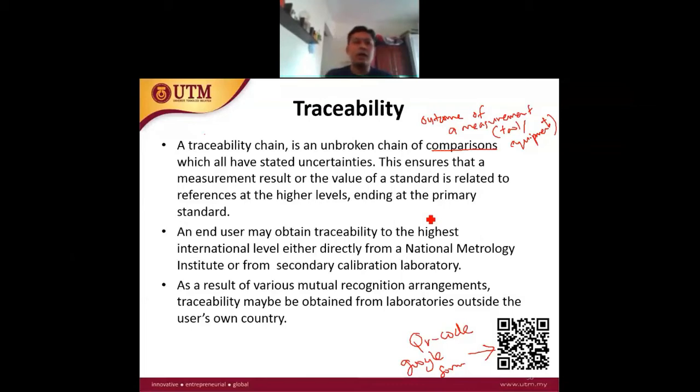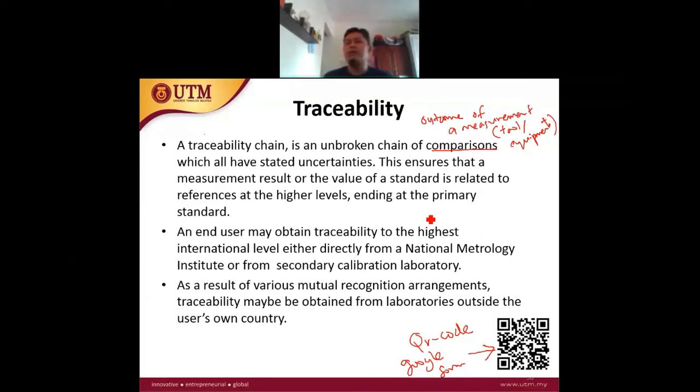So there is a hierarchy, there are levels, and all of these can be traced to the highest level. For example, the Malaysian national standard can be related to the highest level, which is international.